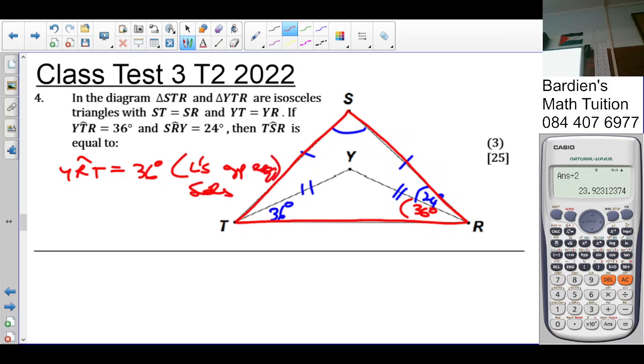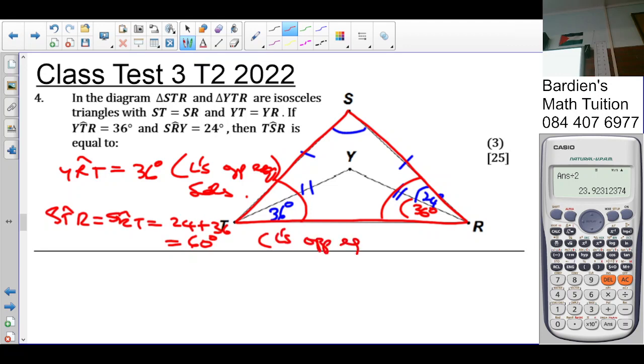So this whole angle here is the same as this angle. So you say STR is equal to SRT, which is equal to 24 plus 36, which is 60 degrees. Why? Because angles opposite equal sides.